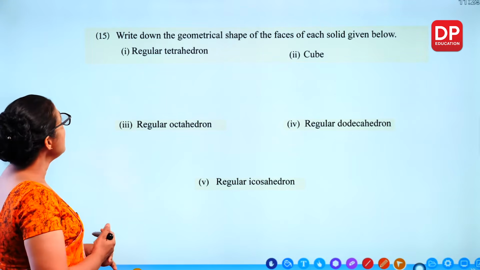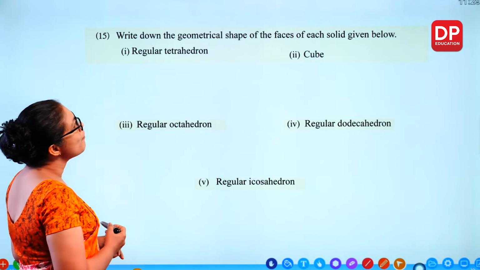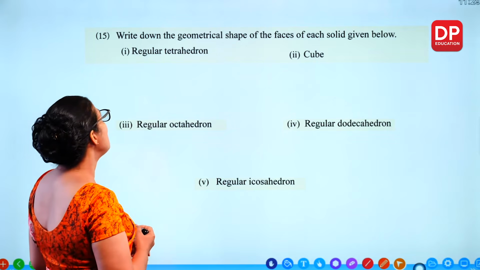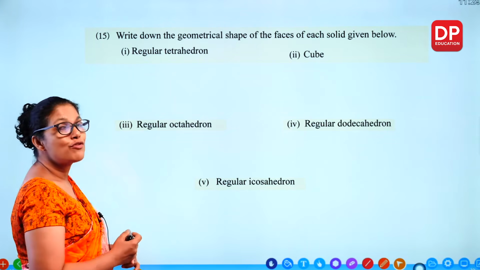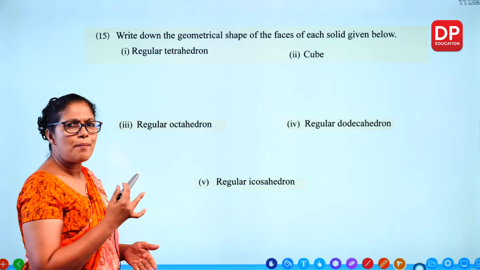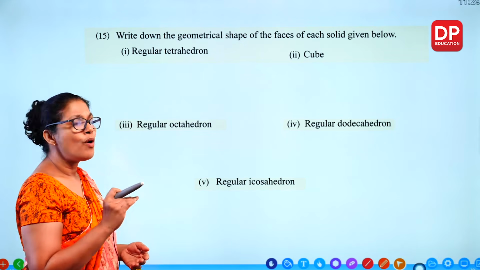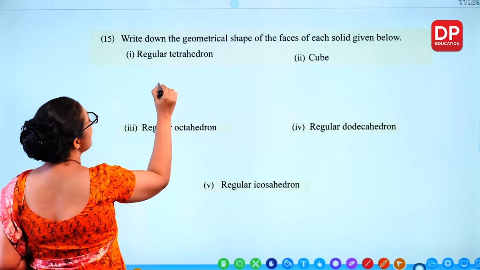Question number 15. Write down the geometrical shape of the faces of each solid given below. Regular tetrahedron. So what's the shape? You need 4 equilateral triangles.